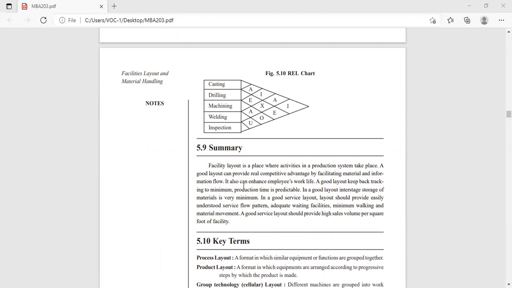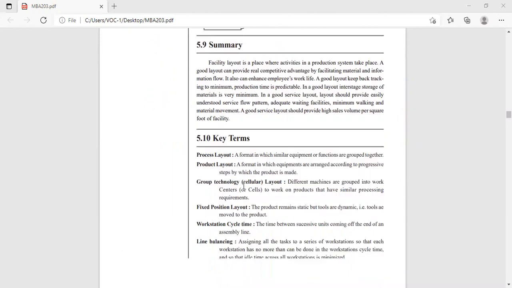In a good layout, interstage storage of material is minimal. A good service layout should provide an easily understood service flow pattern, adequate waiting facilities, and minimum movement of working material. A good service layout should also provide high sales volume per square foot of facility.